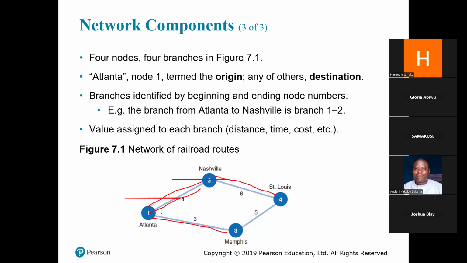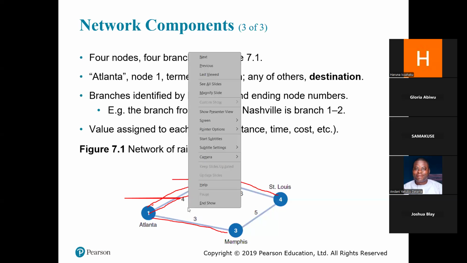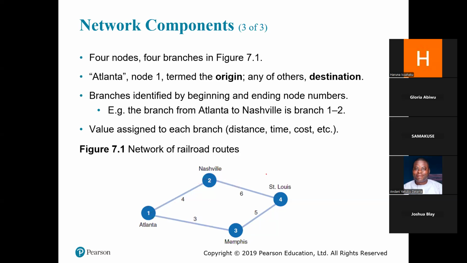So figure 1 is just showing us a network of railroads connecting 4 cities.